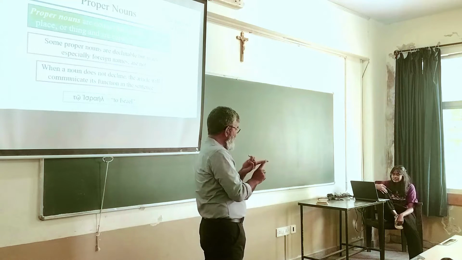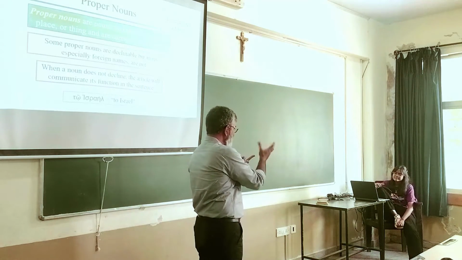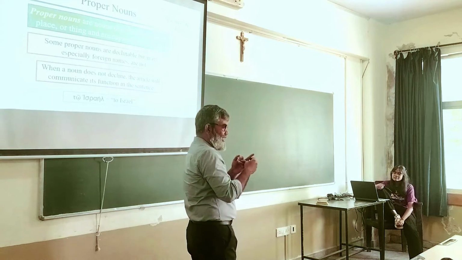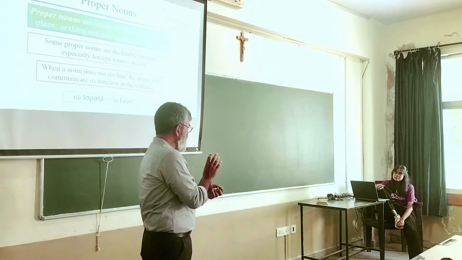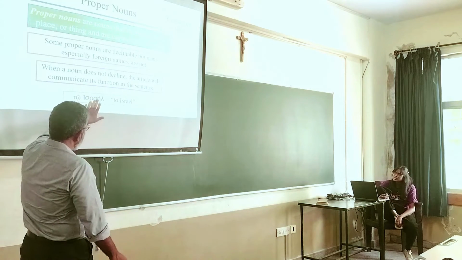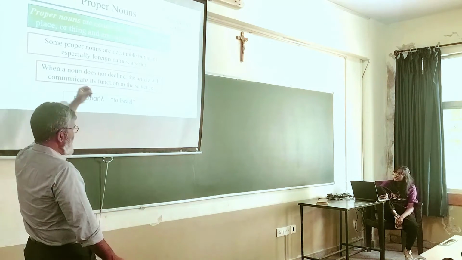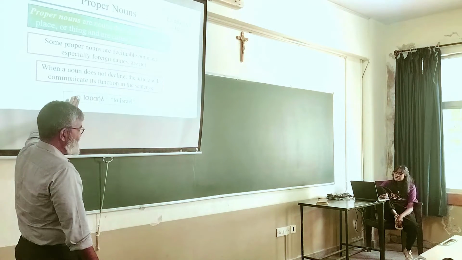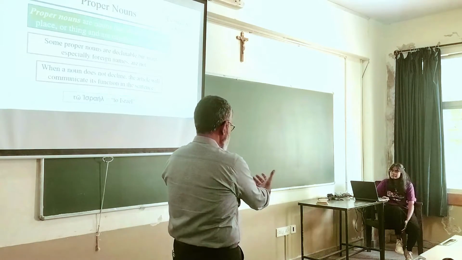When they decline, you know their function by the little decoration at the end. But if they are not able to decline, the only way you will know is by the article. For example, here Israel has no declension. If you put Israel as a nominative or a genitive or an accusative, Israel will remain Israel. The only way you will know its function is by seeing the article. The author gives you a clue about what role it is playing.